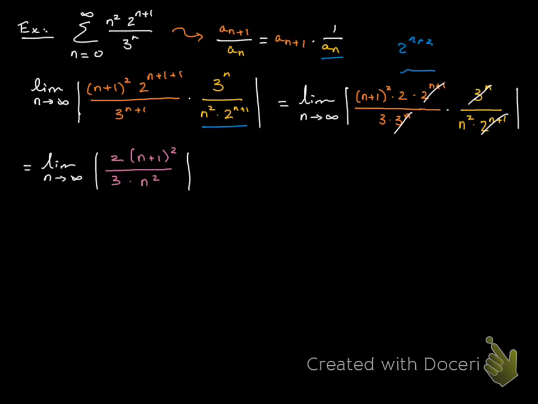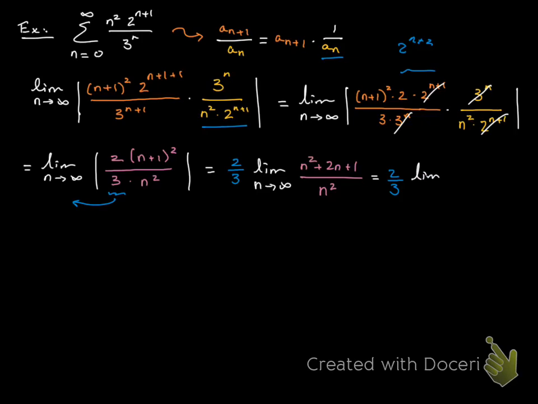So I can drop absolute values, and also this 2/3 I'm going to bring out front of my limit here. And then I have n squared plus 2n plus 1 as a result in the numerator.